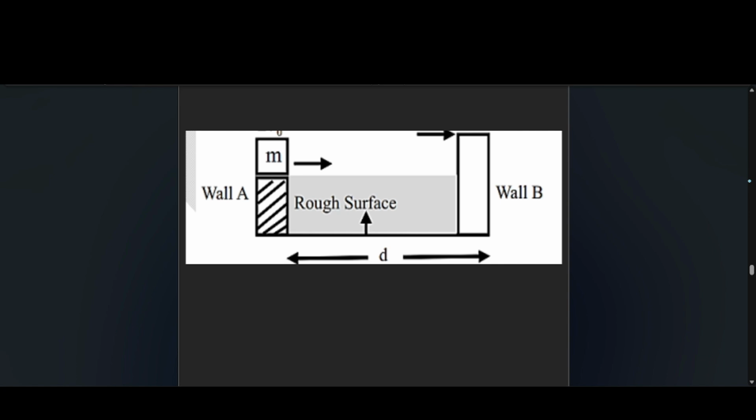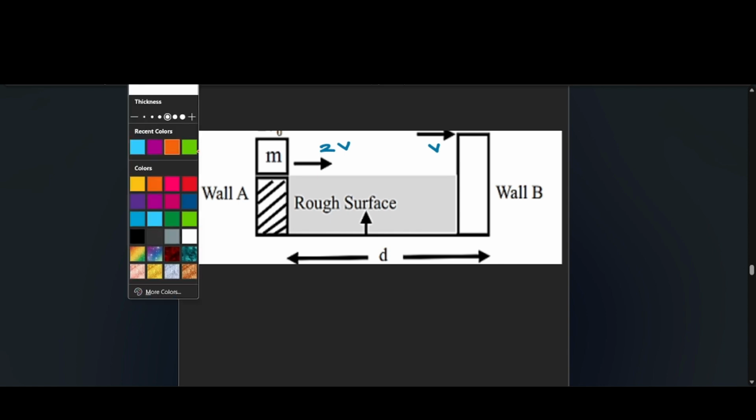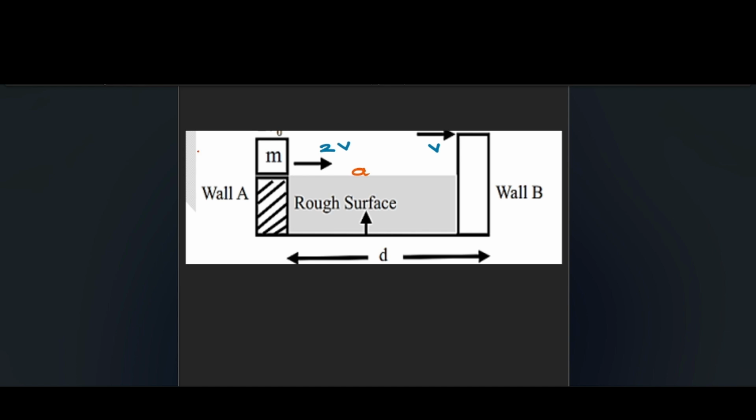Initially it is projected with velocity 2v and reaches velocity v. Okay, so the acceleration is a equal to mu g. Let us write the equation v square minus u square equal to 2as. This is the basic equation.